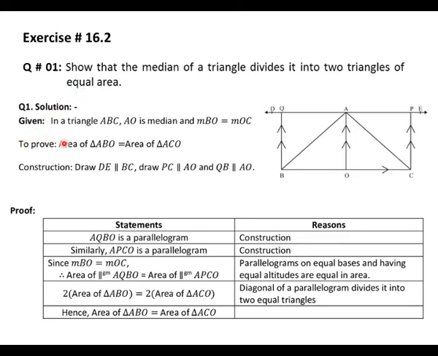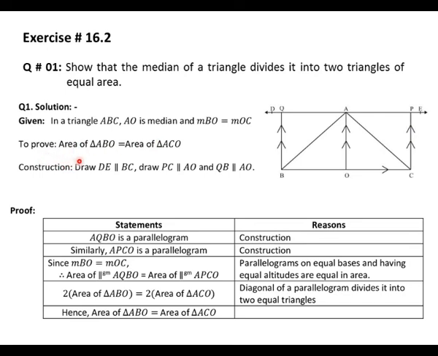To prove: area of triangle ABO is equal to area of triangle ACO. The second one is A, C and O. So we need to prove the equality that area of triangle ABO is equal to area of triangle ACO.